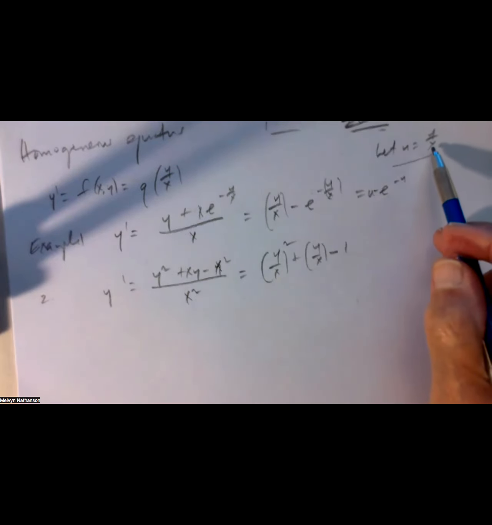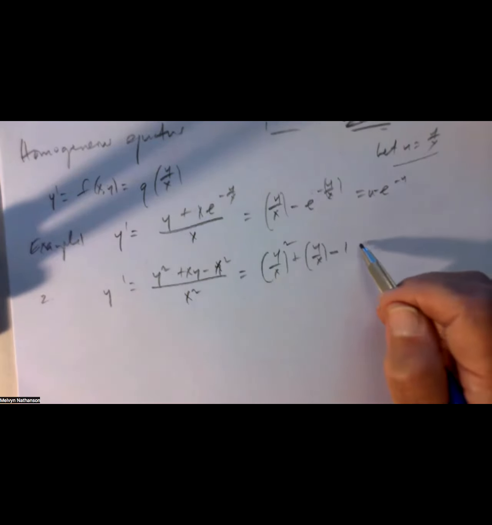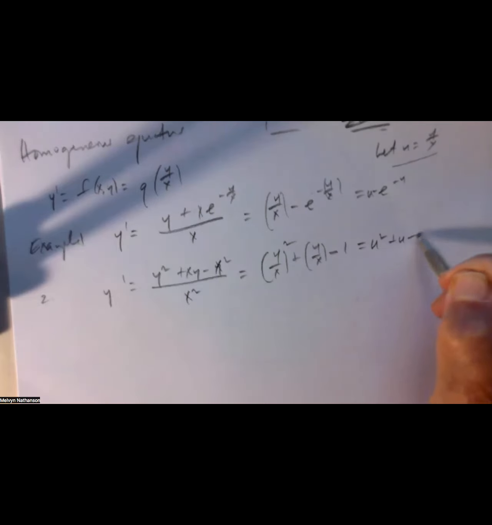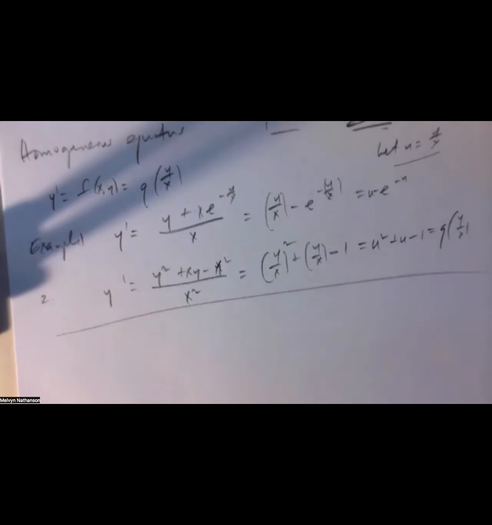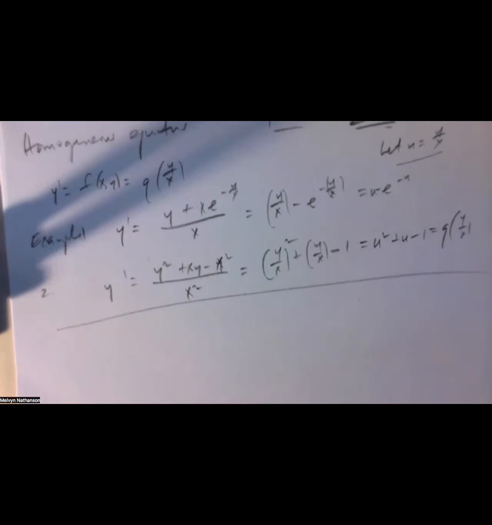So again, if you make this substitution, u equal y over x, this is u squared plus u minus 1. This is some function of y over x only. And then you let y equal u times x, and you will always get a separable equation.